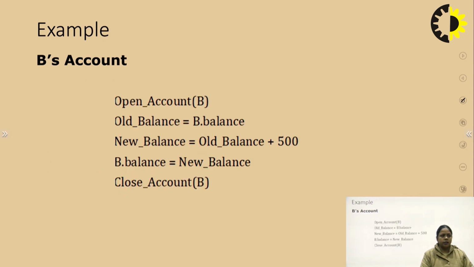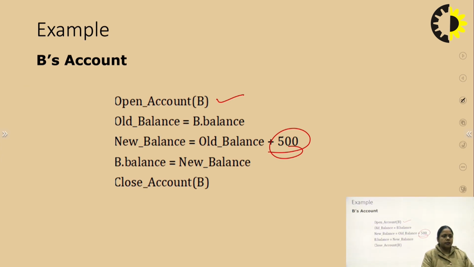Now what are the operations for account B? Open account B, old balance will be B dot balance, then new balance is old balance plus 500. Now 500 rupees will be added into account B, and B dot balance is equal to the new balance, and again we close the account.